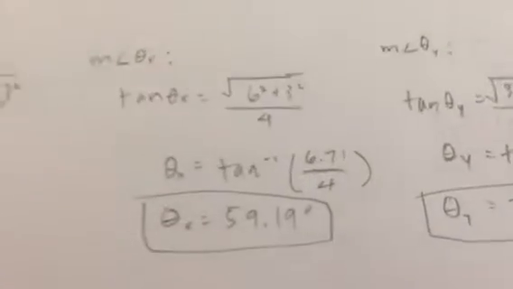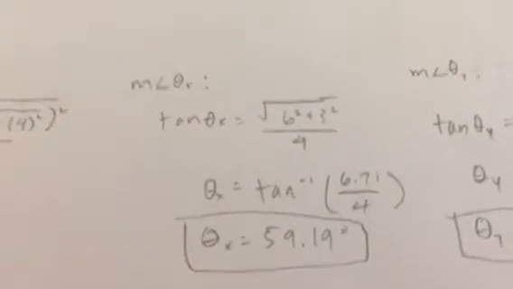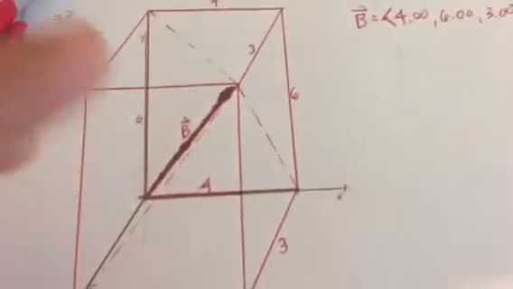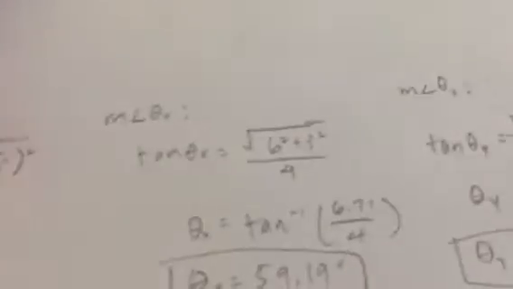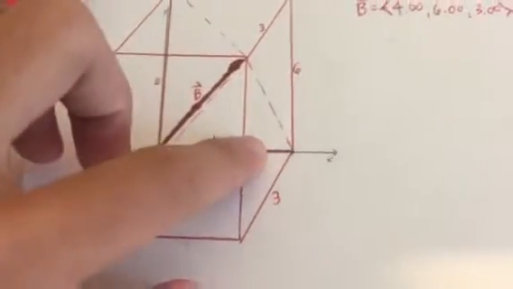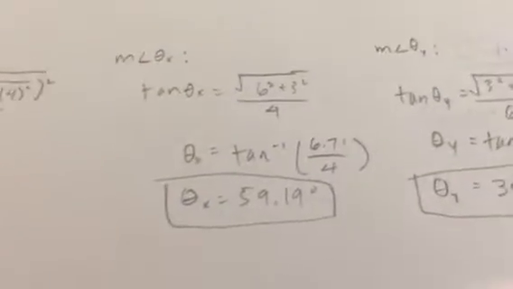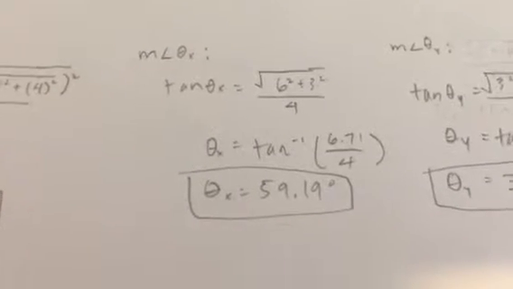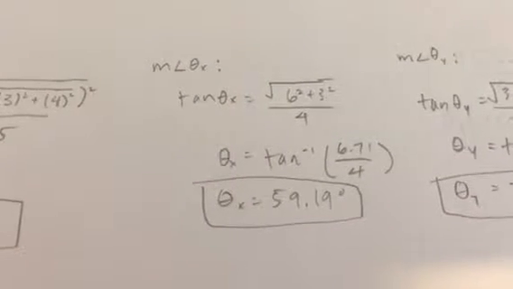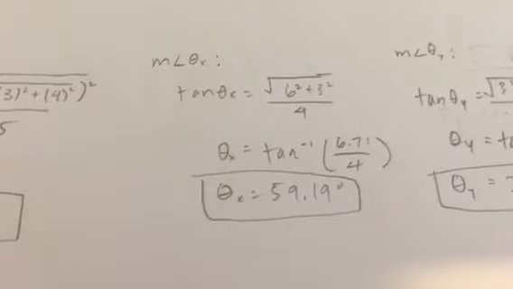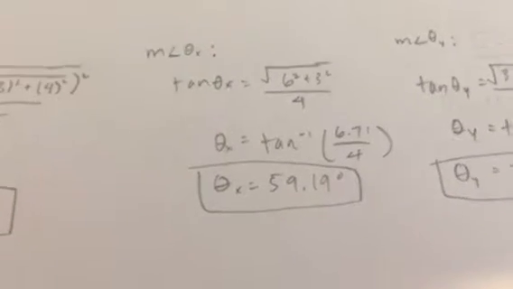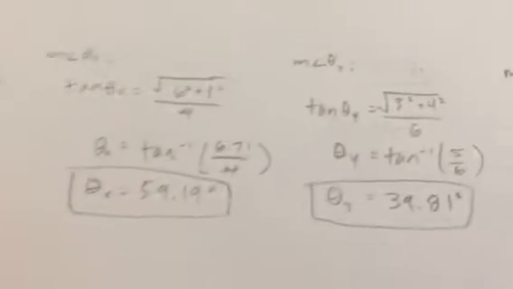So tangent theta x equals the opposite, which is the diagonal, square root of 6 squared plus 3 squared, over the x, which is 4. And once we solve that all out, we get that the measure of the angle that vector B forms with the x-axis is 59.19 degrees.